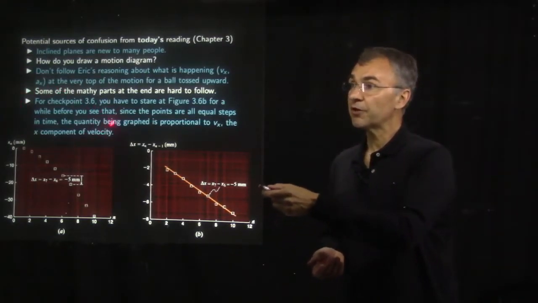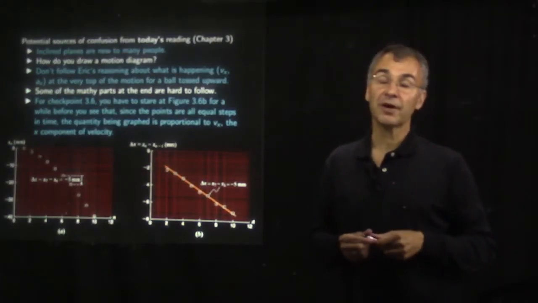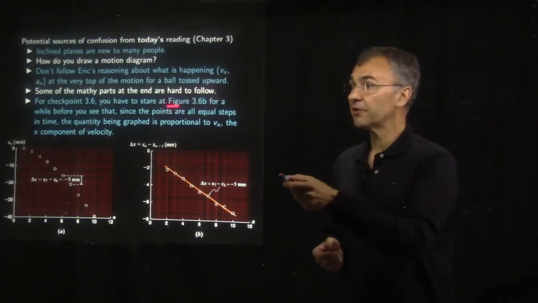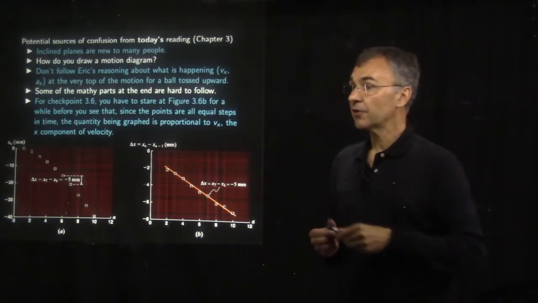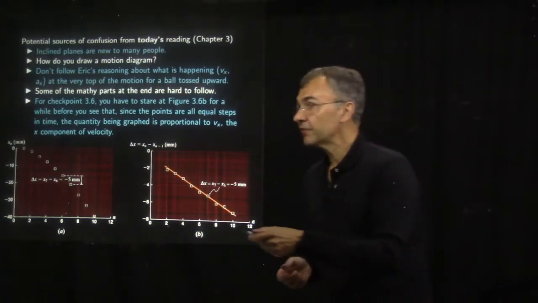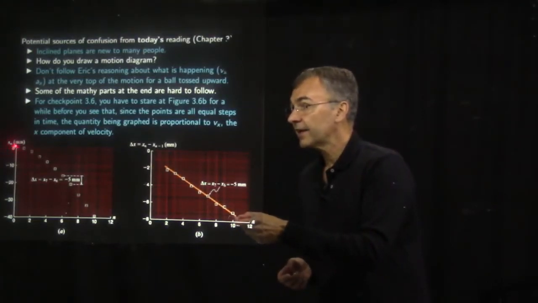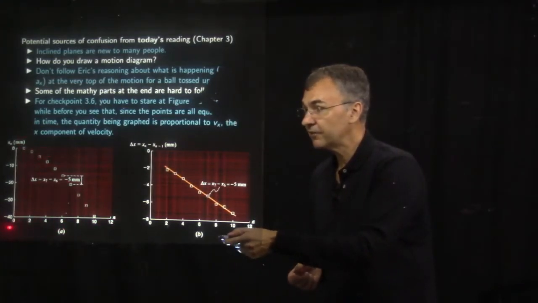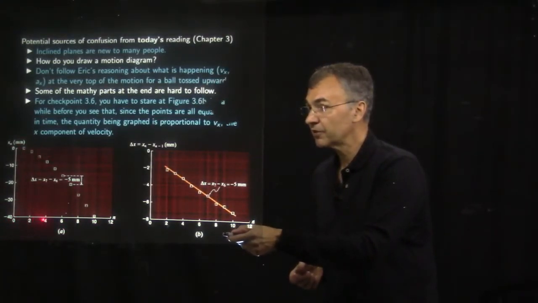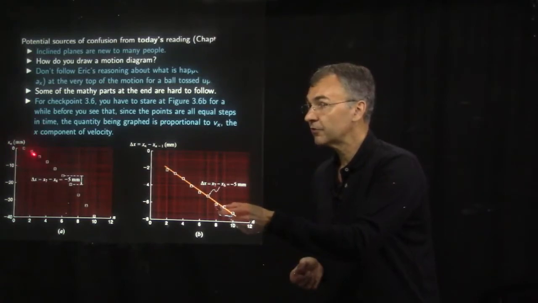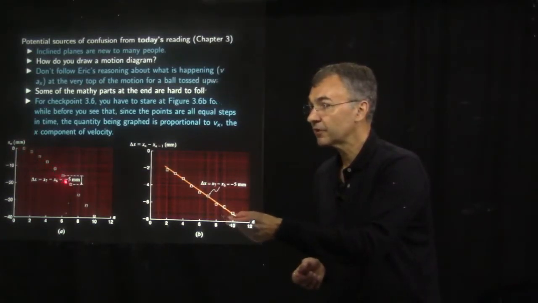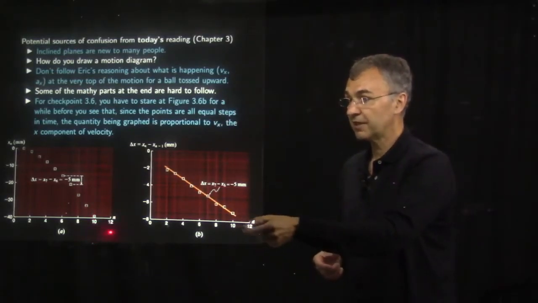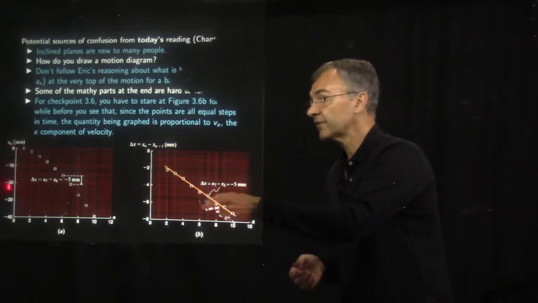Then there is this checkpoint 3.6, which you have to stare at really closely if you want to figure it out. So, figure 3.6b. This is x versus time: time step n, step 0, step 1, step 2, and so on up to step 10. And then here's the x position.